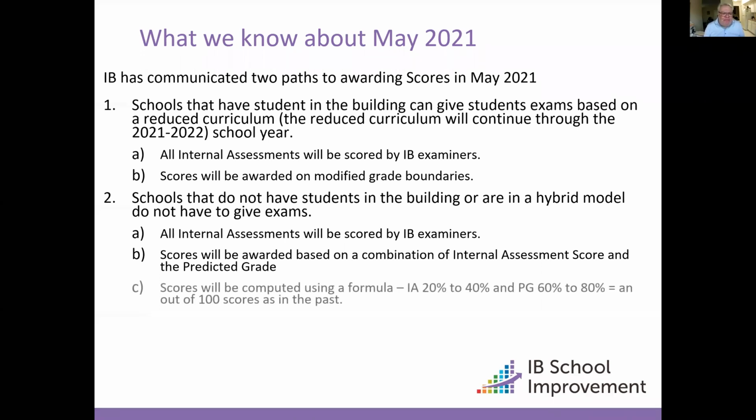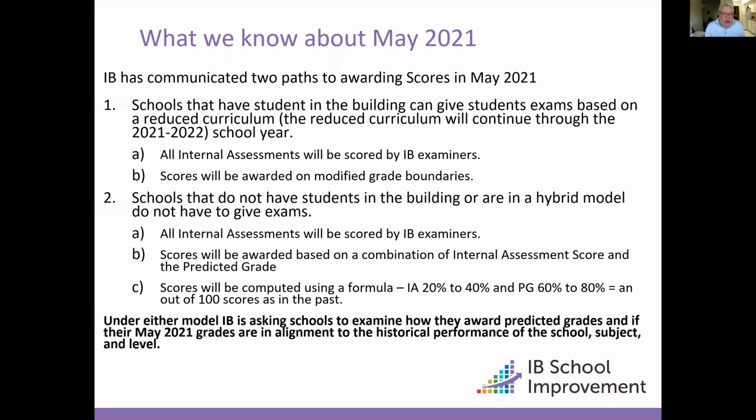Meaning that scores will be computed using a formula where the internal assessment, depending upon the subject, will count between 20 to 40%. And predicted grades will count between 60 and 80% of the out of 100 score as in the past.